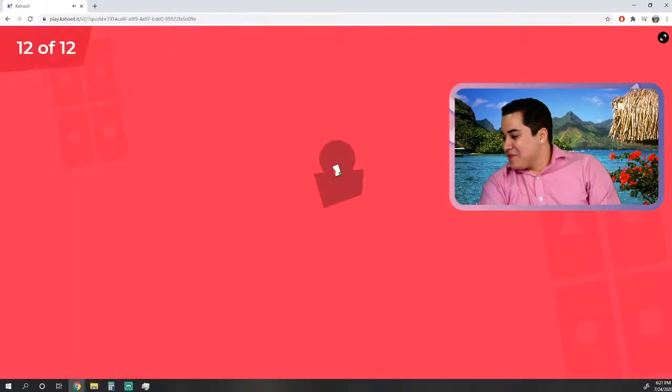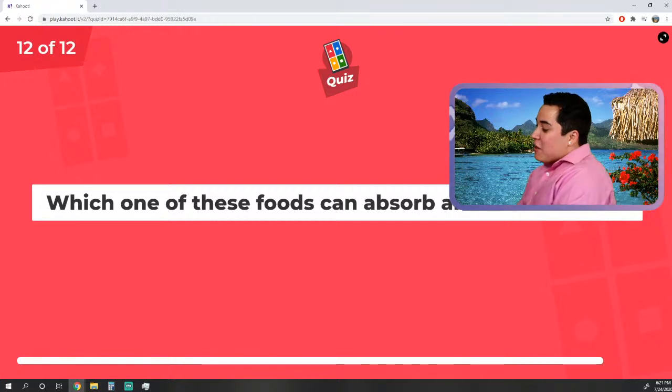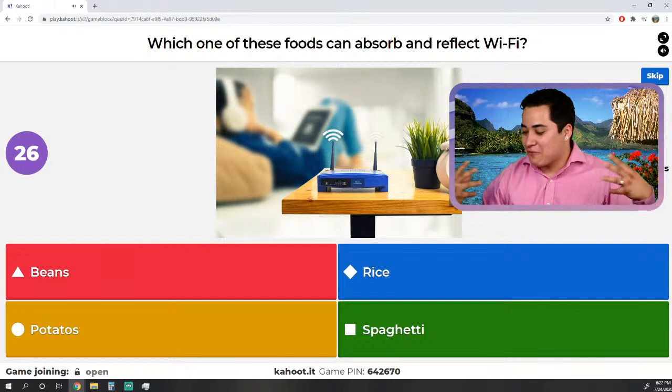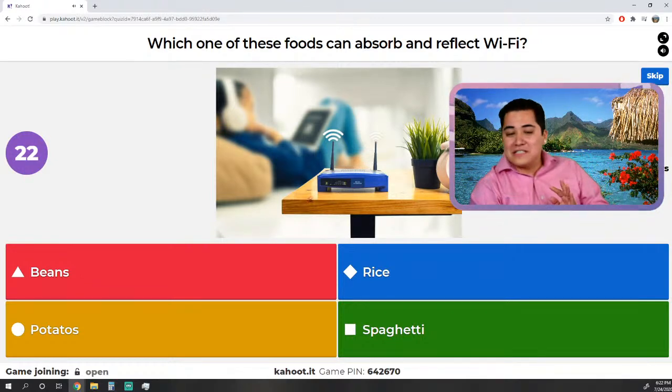All right. Last question for the night. Which one of these foods can absorb and reflect Wi-Fi? They absorb it and they reflect it. Is it beans? Is it rice? Is it potatoes? Or is it spaghetti?